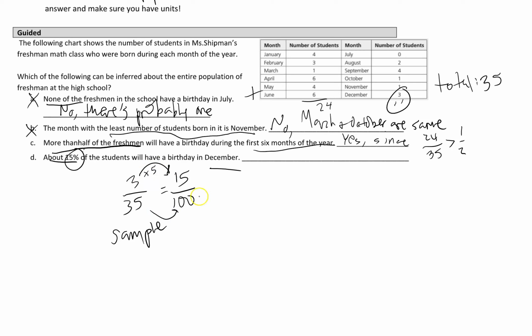So we're just going to see, is 35 times 5 equal to 100? And nope, we went over. So part of this is an about, so it's an estimate, but this is like way over 175. That's almost like twice as much. So let's say on this one, no, it would be less than 15%. So that leaves us with answer choice C.